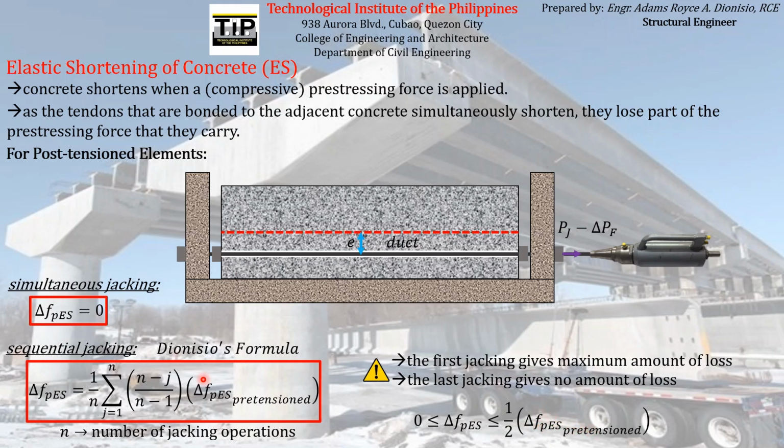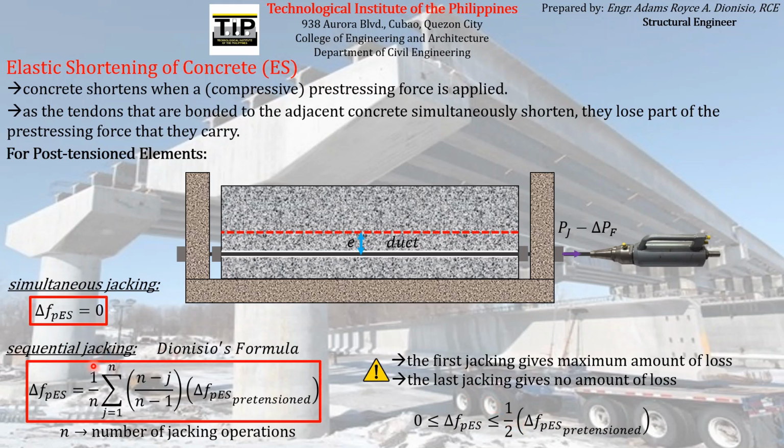elements. So again, you can expect that this magnitude of pre-stress loss due to elastic shortening of concrete for post-tension elements will have a magnitude ranging from 0 to just 1/2 of the magnitude of the pre-stress loss due to elastic shortening for the case of pre-tensioned elements. So this is the minimum magnitude of that pre-stress loss for the case of post-tension elements, and this is the maximum magnitude.